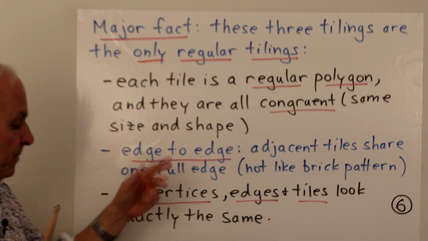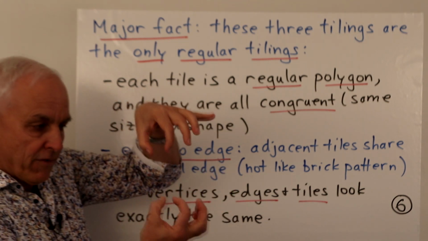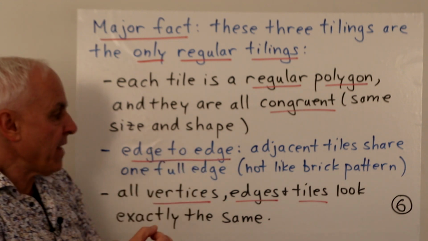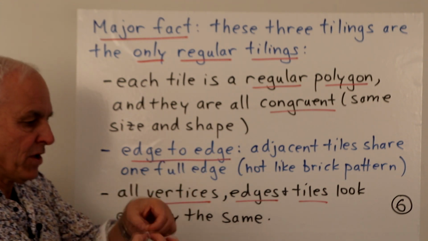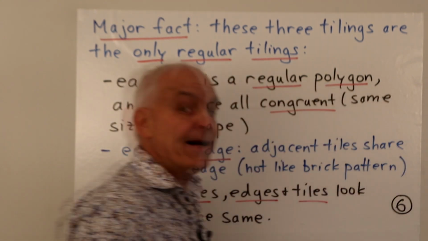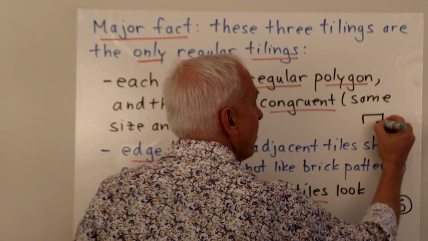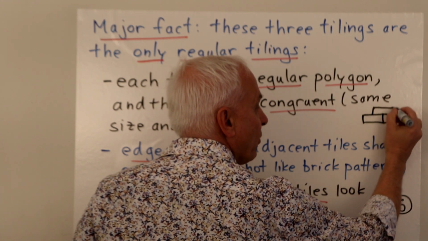Secondly, the tiles are arranged edge to edge. So when we have 2 of our tiles which are adjacent so that they're sharing a common boundary, they do so sharing the full edge. So that's different from the brick tiling that I showed you at the beginning. Remember, that had some rectangular bricks like this, and then the one on the row above it was like this.